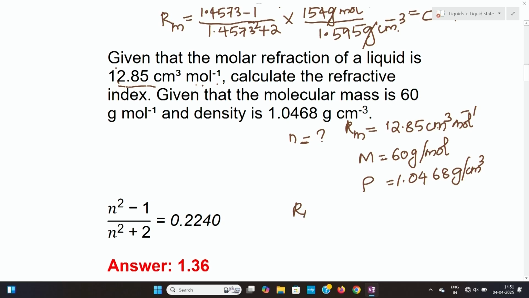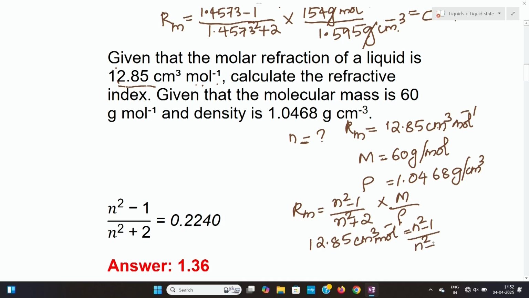The equation to find Rm is n square minus 1 divided by n square plus 2 into M by rho. We have to substitute everything here. The Rm is 12.85 centimeter cube mole inverse, and n square minus 1 divided by n square plus 2 into M, which is 60 gram per mole, and rho is 1.6468 gram per centimeter cube.